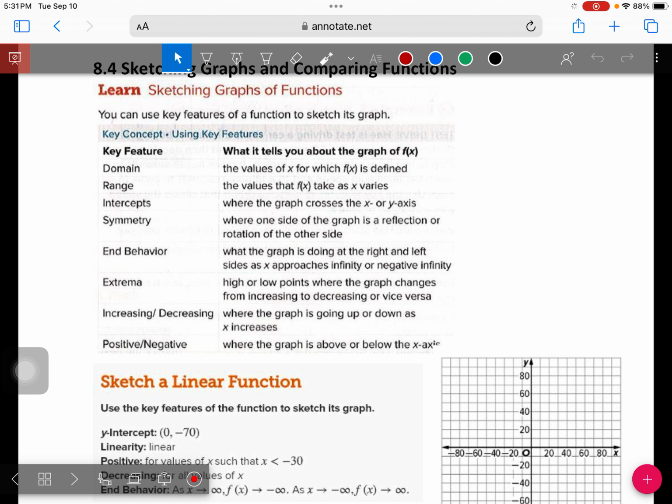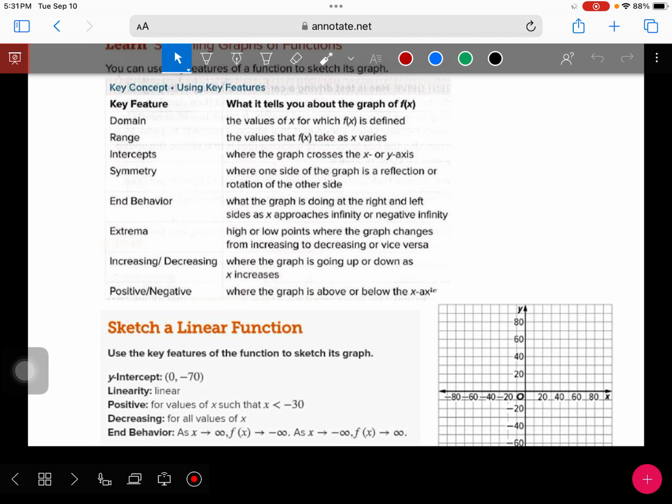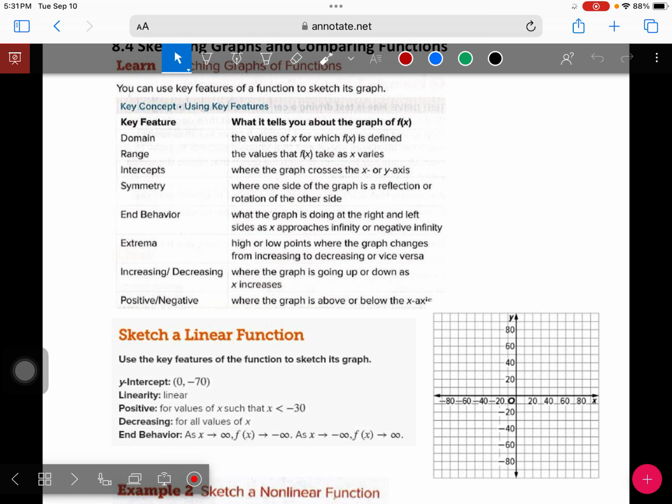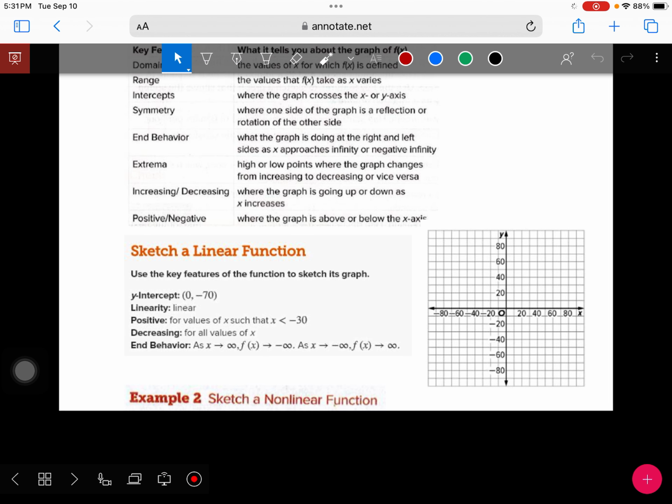Extrema are the high and low points where the graph changes from increasing to decreasing or vice versa. Increasing/decreasing is where the graph is going up or down as x increases. And then positive or negative, where the graph is above or below the x-axis.